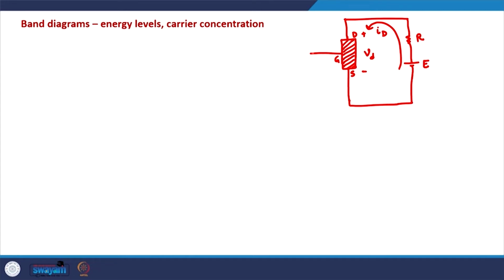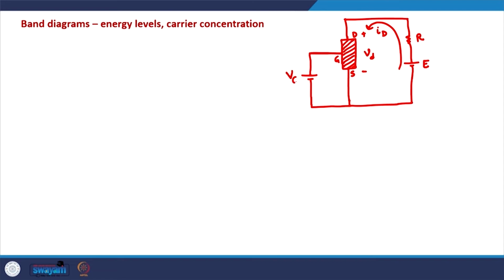On the gate terminal, we can apply a voltage. So, we can apply a separate battery here, connect it to the source, and this can be grounded. Generally, this ground is not shown explicitly, and it is understood that the negative terminal of the battery is at ground, so this terminal is ground.